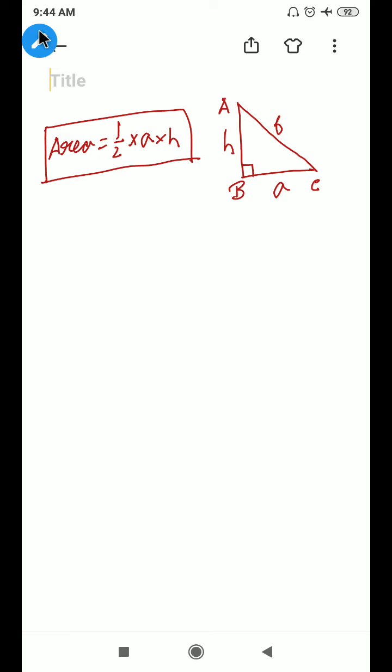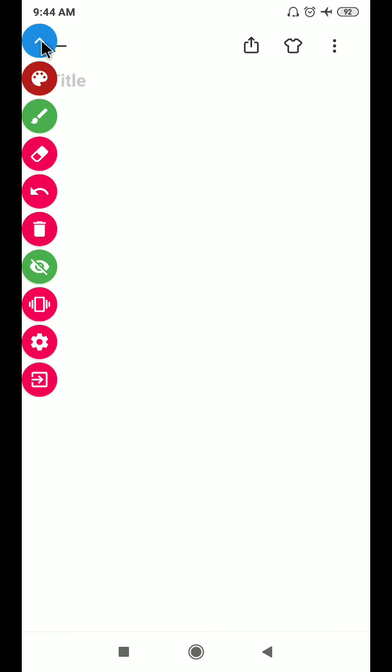Now go to our exercise, exercise number 20A. Question number 2 is given here. The lengths of the sides of a triangle are in the ratio 3:4:5.